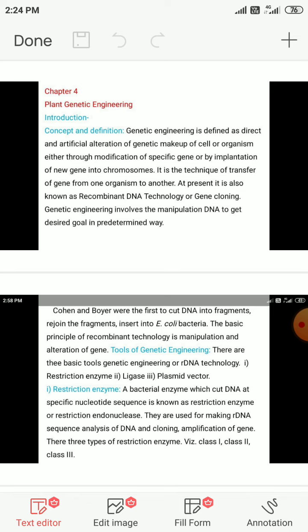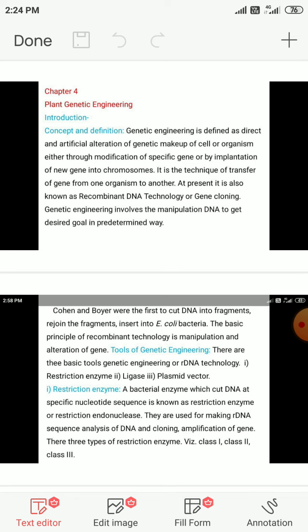The number of chromosomes, the genes responsible for a particular character, can be directly changed by manipulation or modification of a particular type of gene or chromosome within that organism.